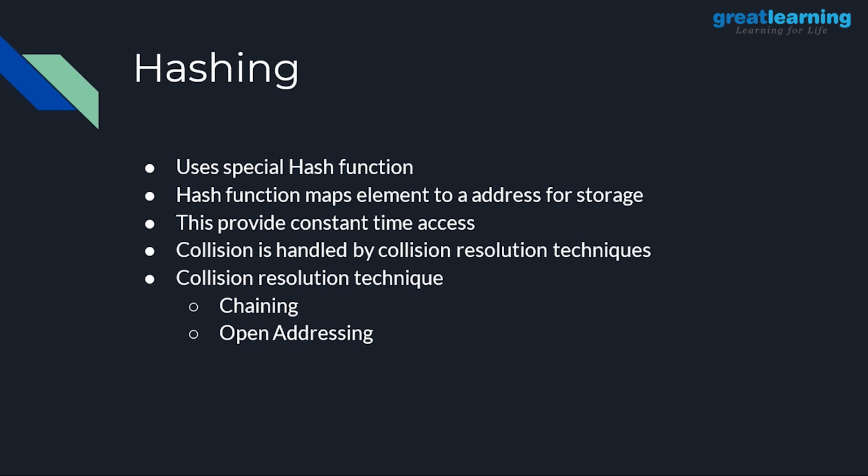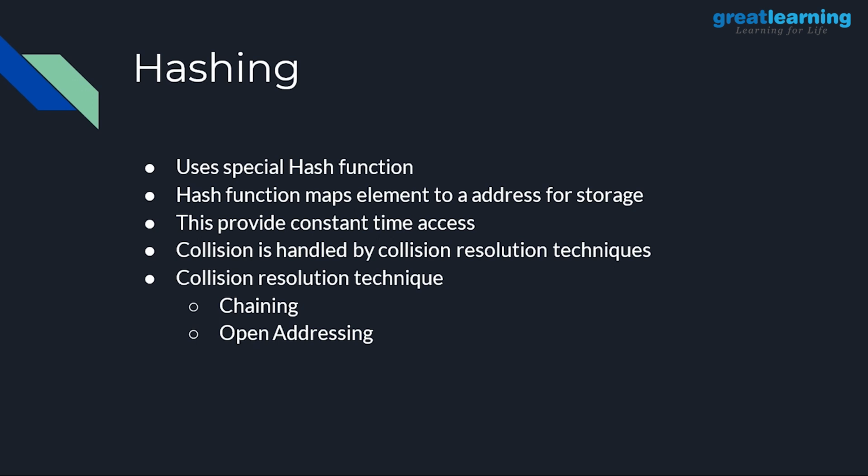Now let's suppose we have 10, 20, 30, 40, 50, 60. All these elements will be mapped to only one location, right? Because when we mod them by 10, all of these elements give a 0 remainder.